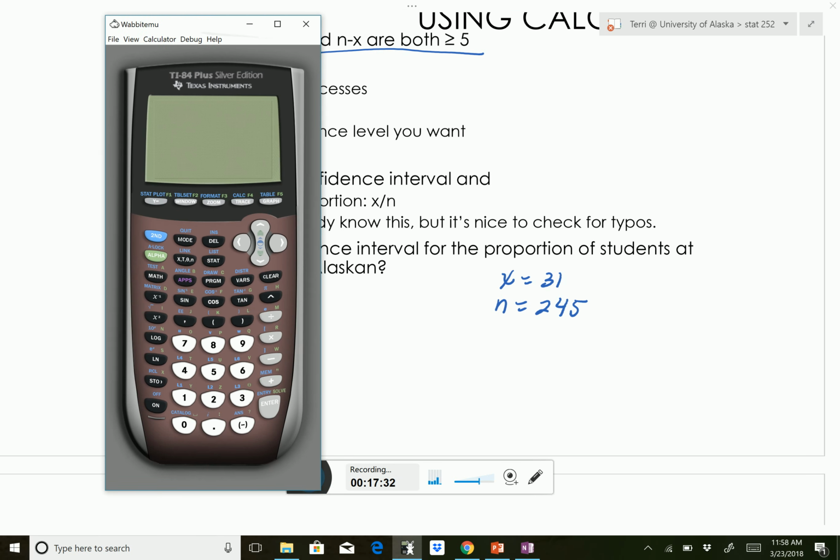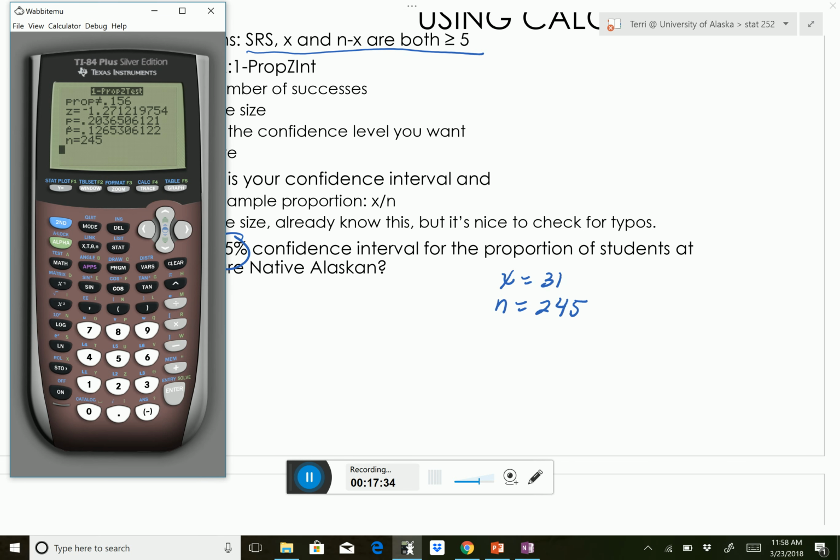So let's go over here. I keep wanting to go to distributions for some reason. I think I'm used to it. Okay, so we go here. Now we want to go down to the interval. So you have to make sure it says interval. 1 prop z int.